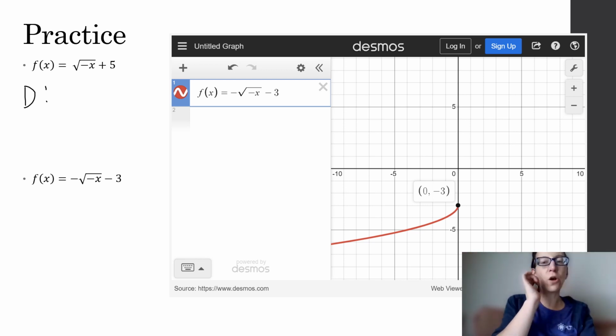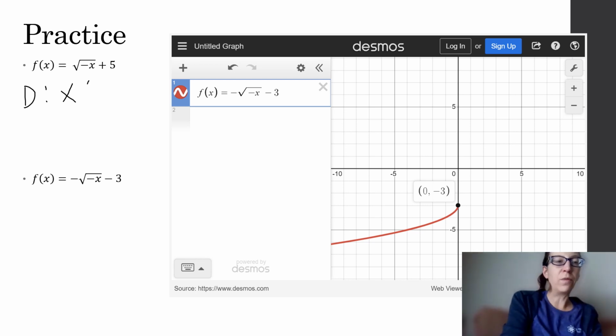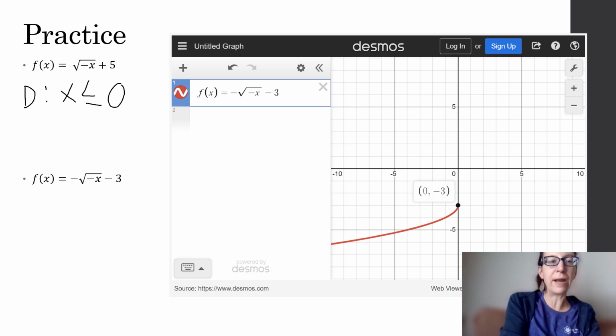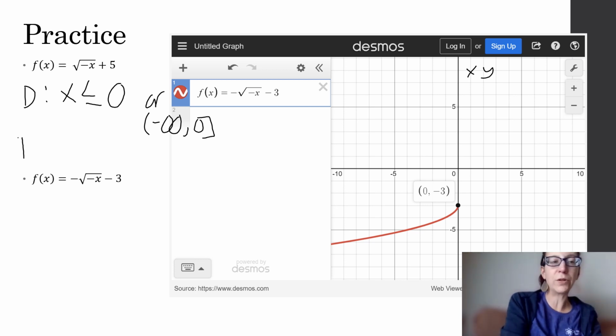So my x's going to the left would be x is less than or equal to, and it looks like my x coordinate there is a 0. So x is less than or equal to 0. Or you could have said negative infinity, stopping at the 0, would have also worked.